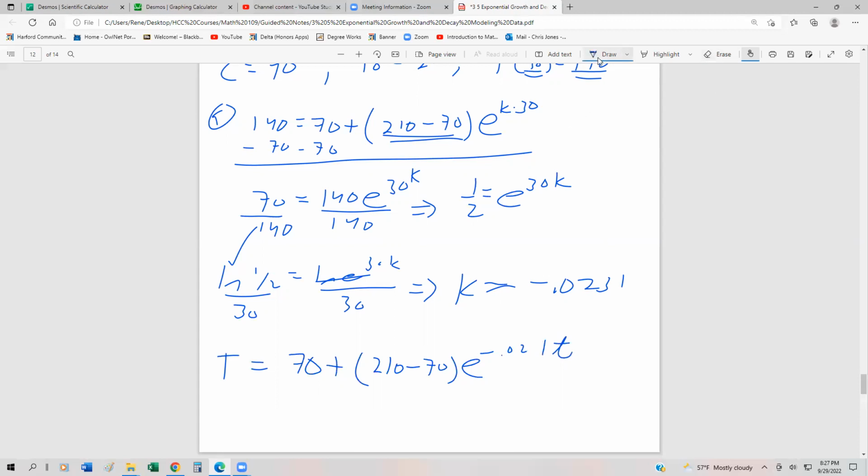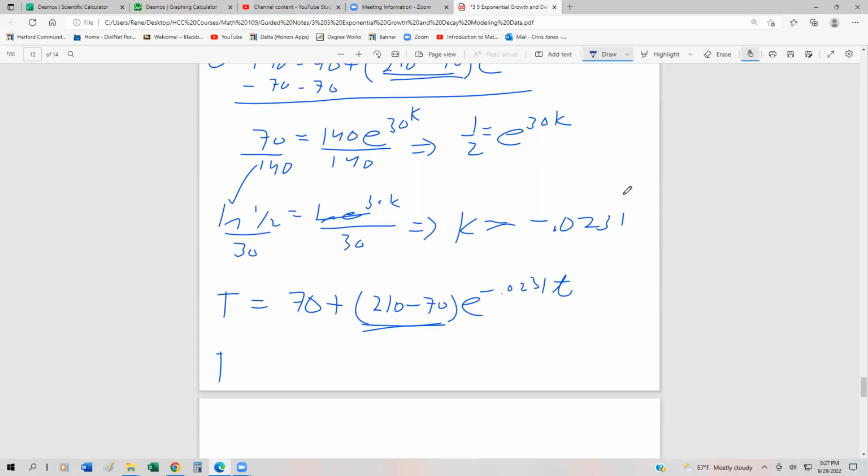The other thing we probably want to do is subtract this and get 140. So in reality, our function, which I'll just call T of t, is going to be 70 plus 140 e to the negative 0.0231t. All right. That's the hardest part of the problem.